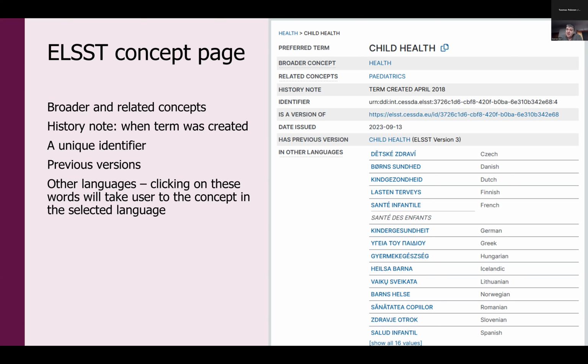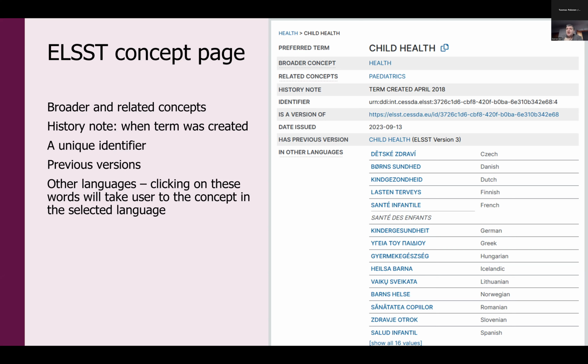What we tend to do in ELST, we use GUIDs, and I remember some discussions where people were saying, well, these aren't human readable. And my argument is always, well, these are not supposed to be human readable. These are machine actionable identifiers. So in order to ensure they're globally unique, we use GUIDs across the board, as you can see here.